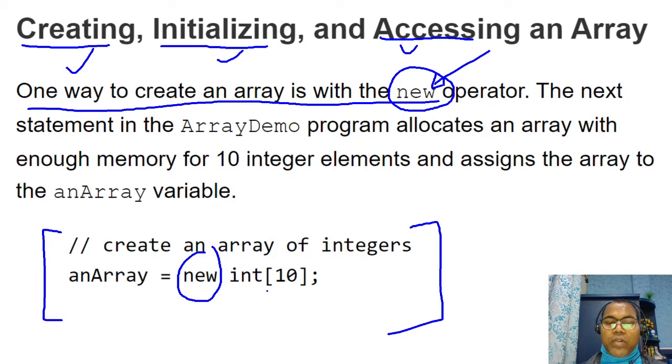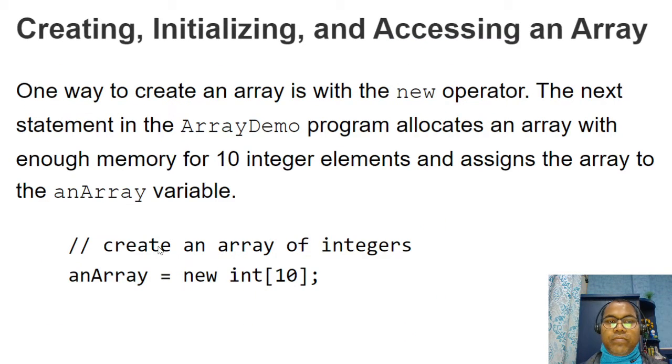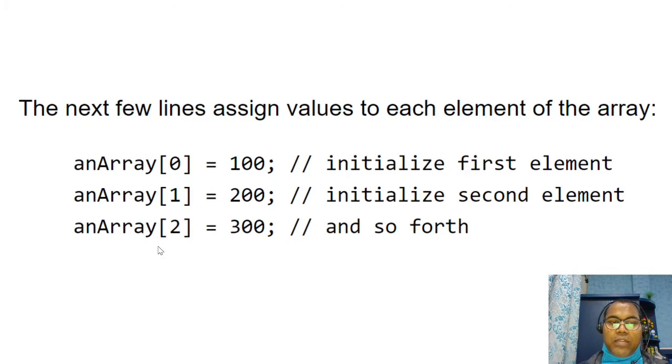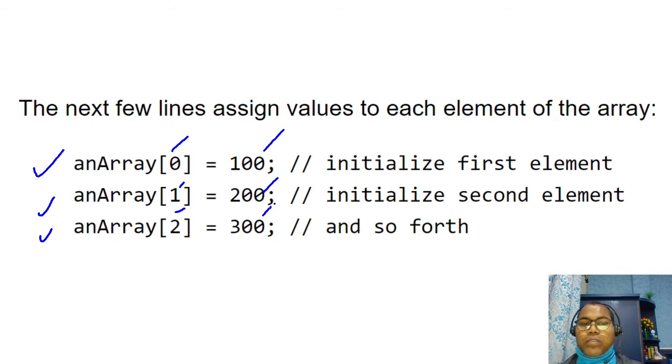This is your data type, and this is the size. As we discussed, the next step is to initialize: first declare the variable, then initialize with a position, your index number, and the actual element: element 1, element 2, element 3. In this way you can assign a value to each element of an array.